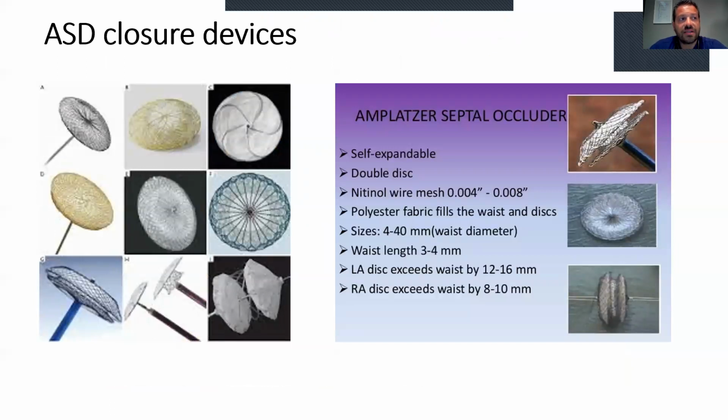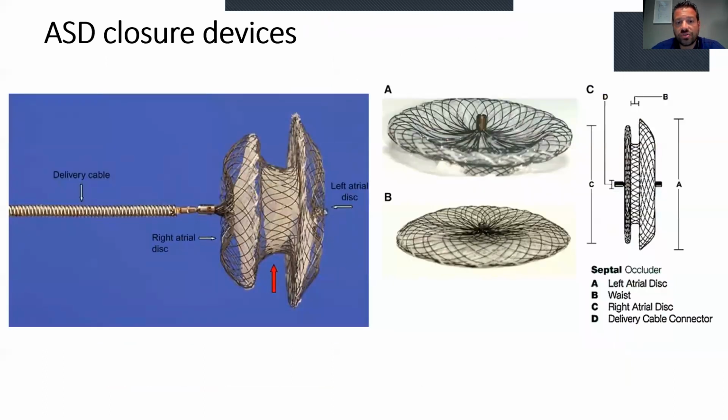For occluder devices, there are many companies that have septal occluders. The most commonly used is this 2 discs occluder, which consists of a larger left atrial disc, a smaller right atrial disc, and a waist in between.